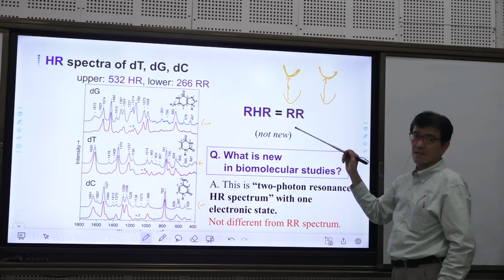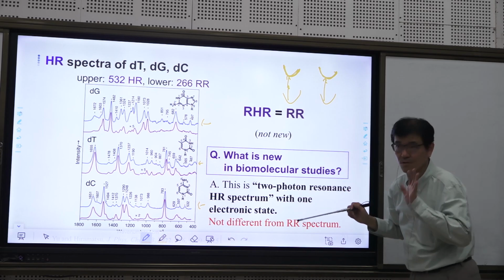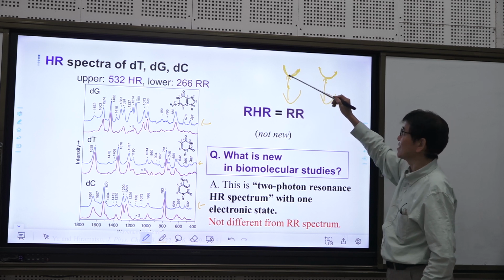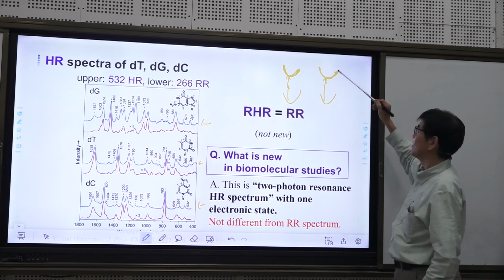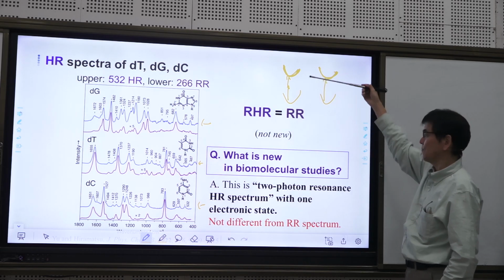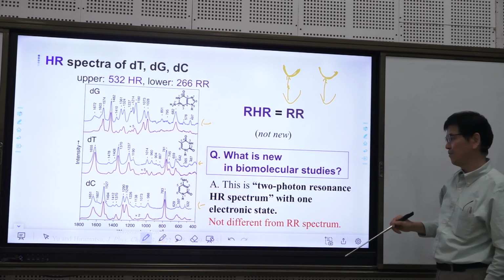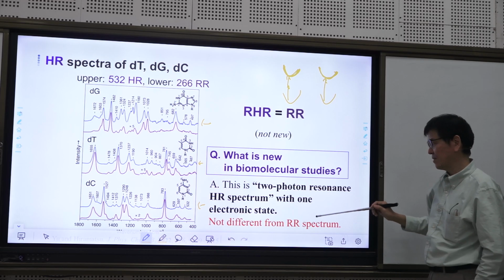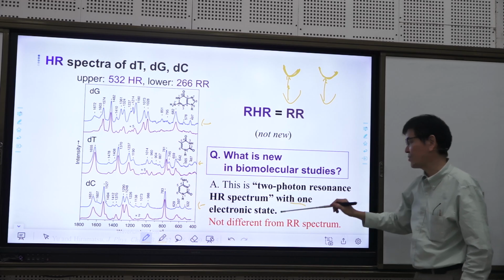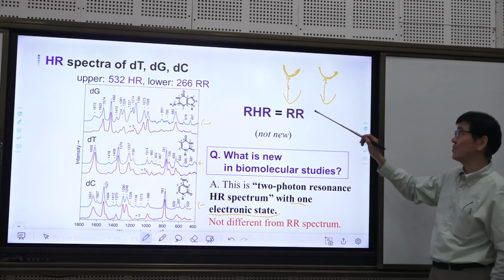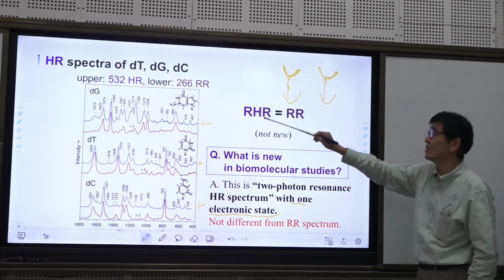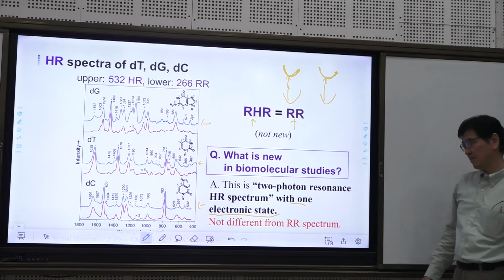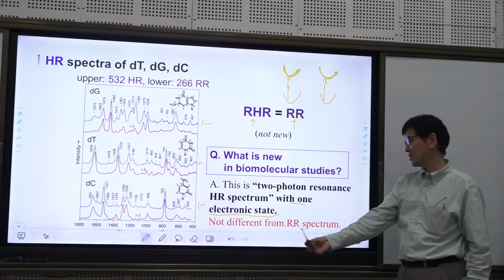Then it becomes identical. So at least we can conclude the resonance condition is satisfied by the same electronic state. That is some conclusion with 1 electronic state. An identical electronic state is in charge of the resonance effect in the 2 different processes. But again, not different from the resonance Raman spectrum.